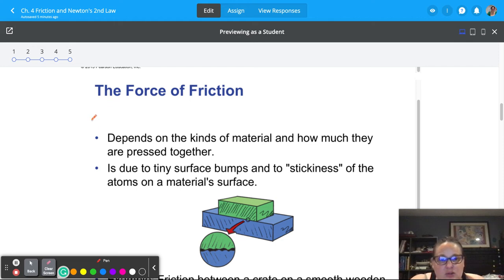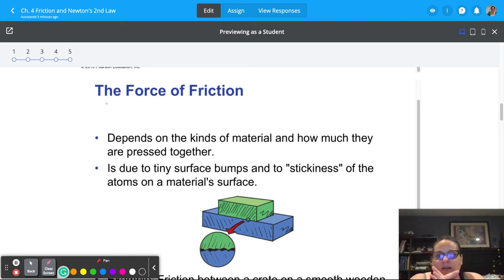Friction between two objects depends on the types of materials that they are. Imagine rubbing your hand against your hand. There's a certain amount of friction there. If you were to take your hand and rub it against something rough like asphalt, there would be a different amount of friction there.